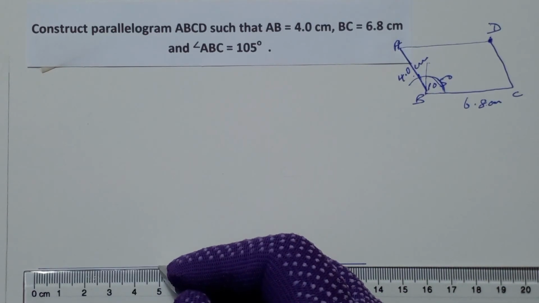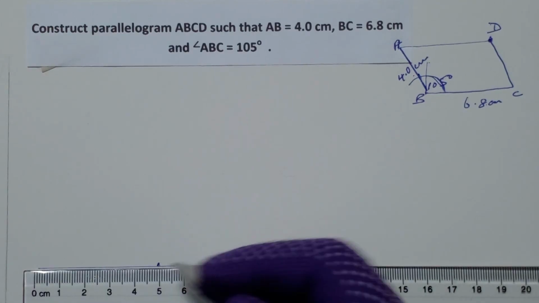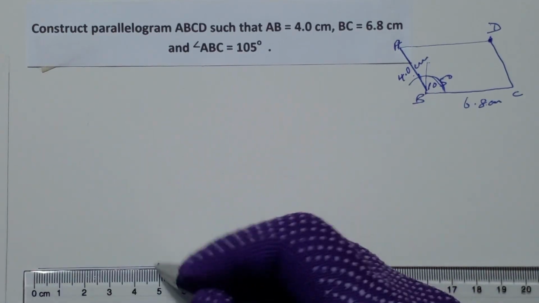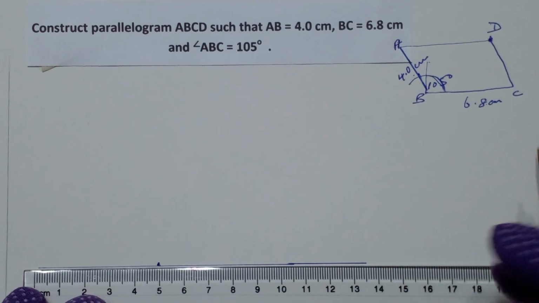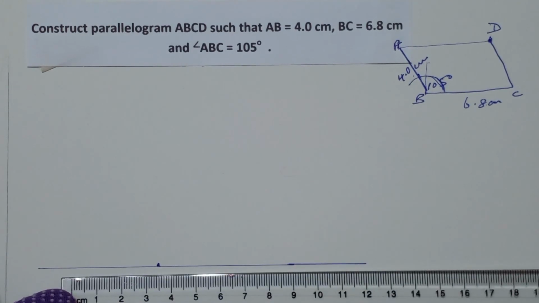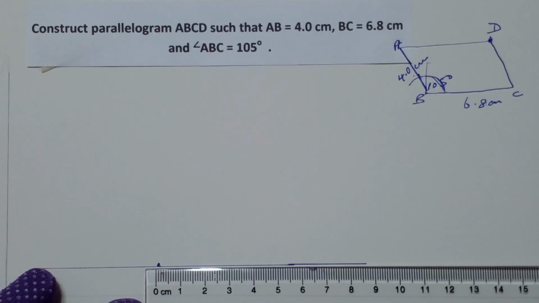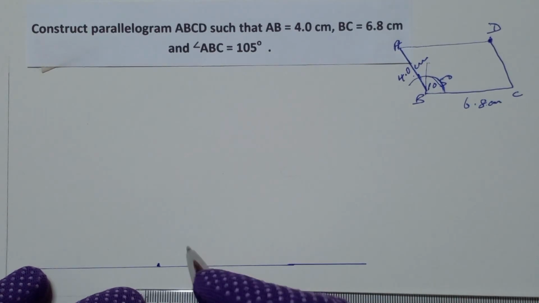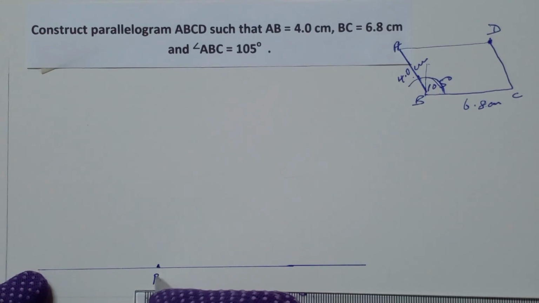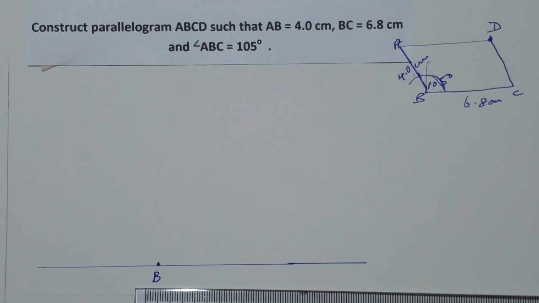Let's begin somewhere here. Since that angle will lean towards this side, we want 6.8 centimeters. Do we have that? Yes, we have more than that. So we will call this point here B. We will take our compass, open it to 6.8 centimeters.